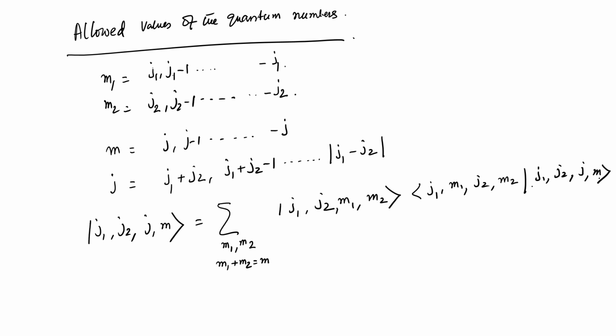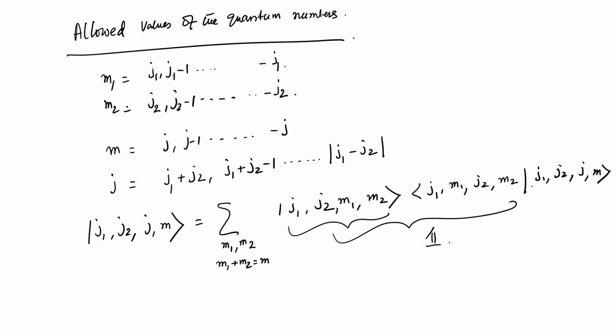So, what we have done is that we have introduced this vector, and we have really written down something that is nothing but the outer product of these basis kets, and then of course we have to do a sum over M1 and M2, which takes values from minus J1 to plus J1 and so on, subject to the condition that the total M has to be the sum of the individual magnetic quantum numbers, M1 and M2.